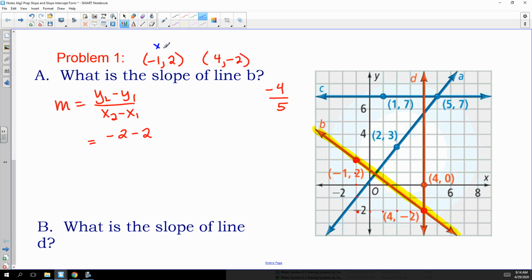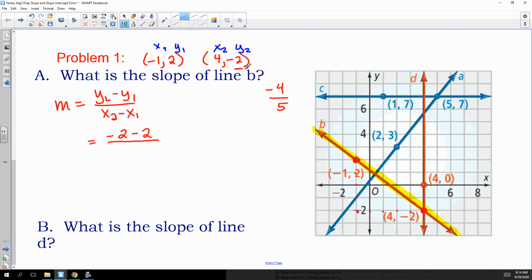And I'm going to say that this is x1 and y1, and this is x2 and y2. Technically, it doesn't matter which one you choose to be x1 and y1, and which one you choose to be x2 and y2, as long as every ordered pair has an x and a y, and you're consistent about which ordered pair you started with. But I'm going based off of how I labeled those.